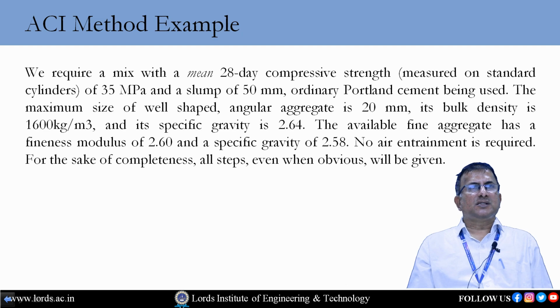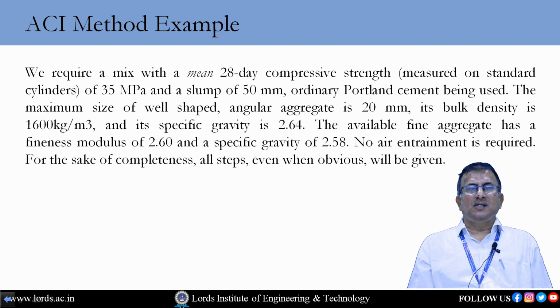We require a mix with a mean 28 days compressive strength, measured on standard cylinders, of 35 megapascal and a slump of 50 millimeters. Ordinary Portland cement is used. The maximum size of well-shaped angular aggregate is 20 millimeters.